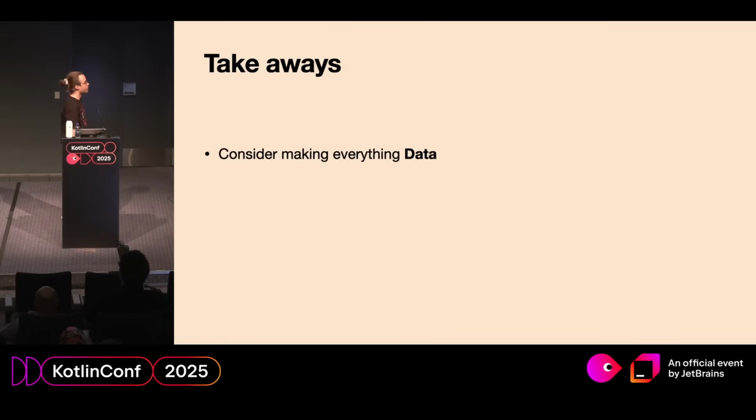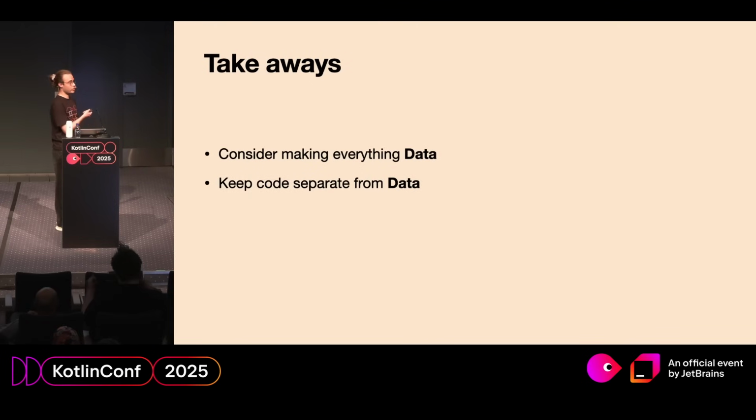Consider making everything in your system data: events, state, effects, maybe other things, configuration. When we build in Kotlin, we love building DSLs.